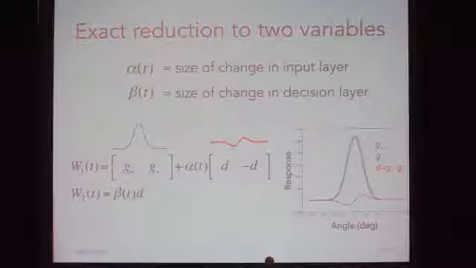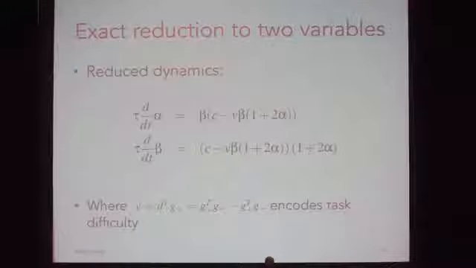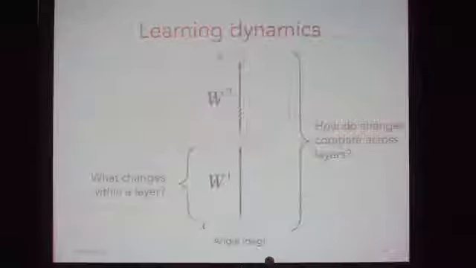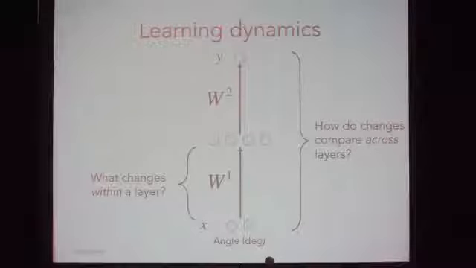You plug it into the equations and check. And so we end up with these reduced dynamics. Again, these scalar equations are describing the trajectory of every single weight in that entire original network. So now that we have these, we can ask what changes within a layer and how do changes compare across layers. And that's really what this theory is buying us.